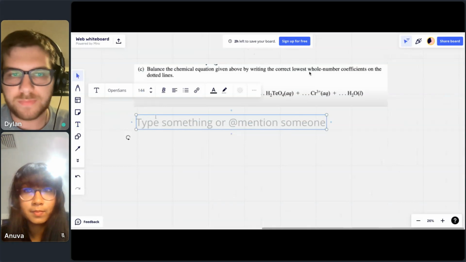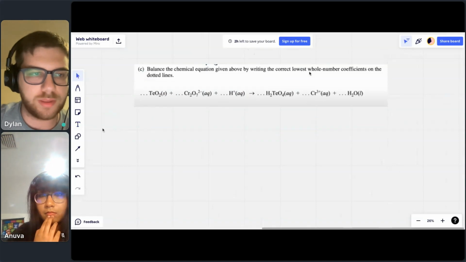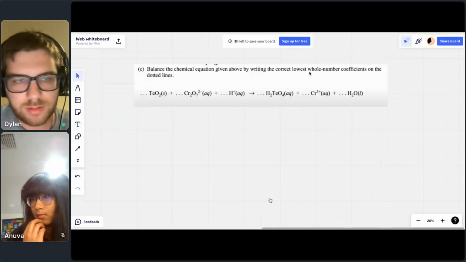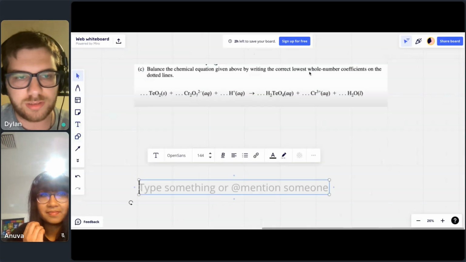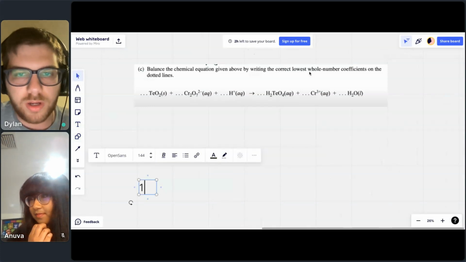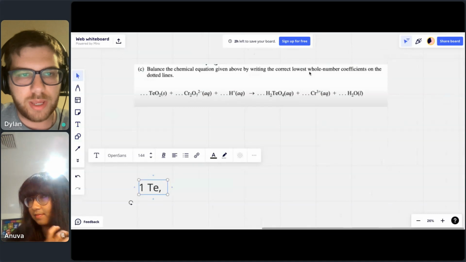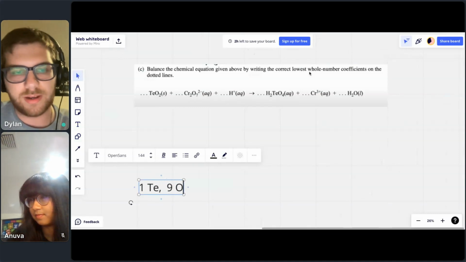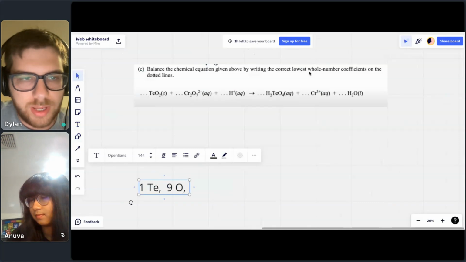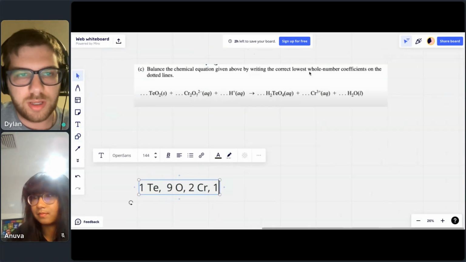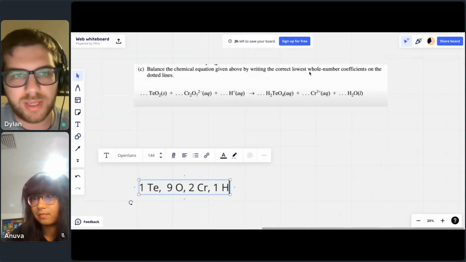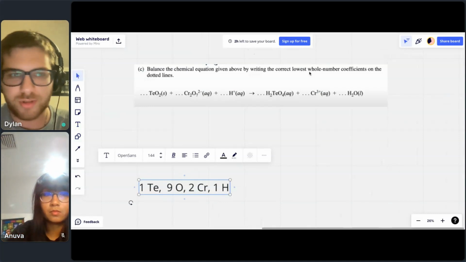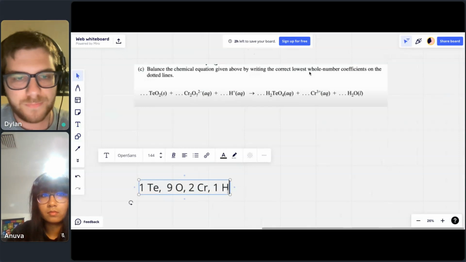Okay, so just to begin with, balancing out our mass, I'll write this down here so things don't get messed up. We have 1 tellurium, 2 plus 7 is 9 oxygen, 2 chromium, and 1 hydrogen. If I make any mistakes at this point, Anuva or Shreyas, anyone else watching, let me know, because I'm doing this live, so I might make a mistake.